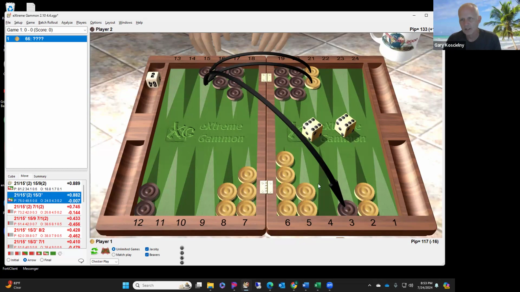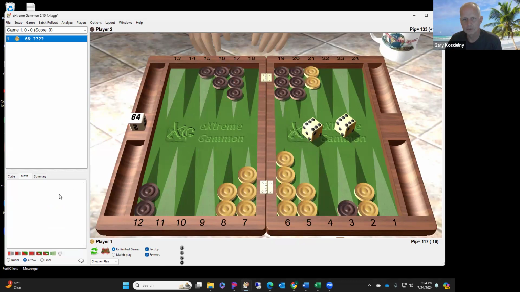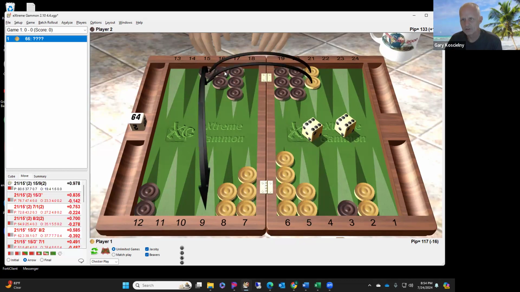So here you've already cubed, so we're going to take the risk to go for the gammon. Although this is a wash, you're giving up 5% wins but picking up 14% gammons. If we don't have the cube, we're just going to come around.